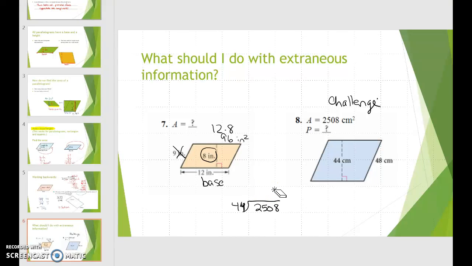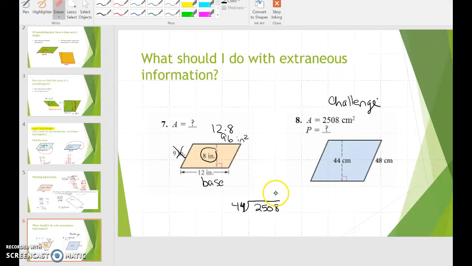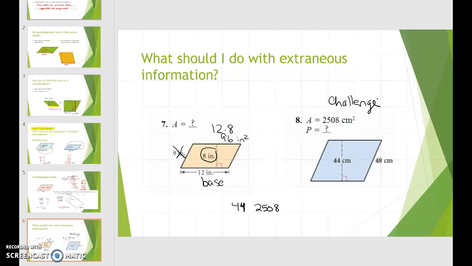And that number is going to, I'm using a calculator because these numbers are awful. That number is going to give us a very useful piece of information. It's going to tell us the side length.